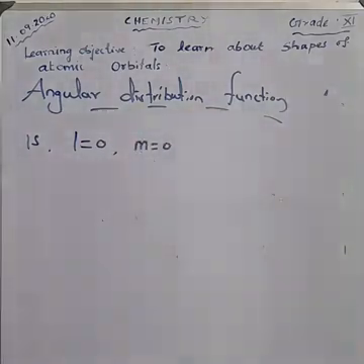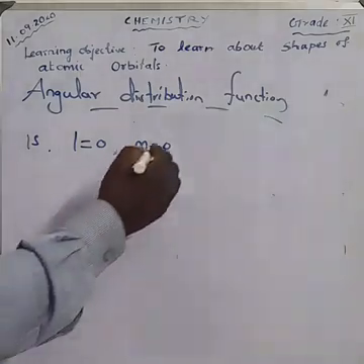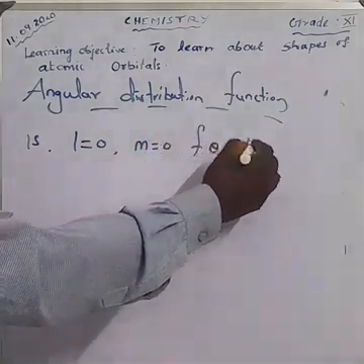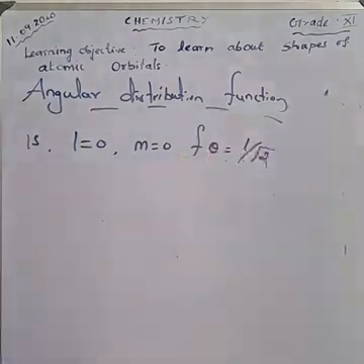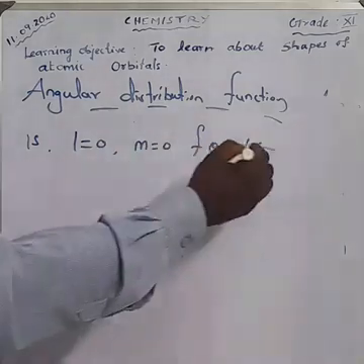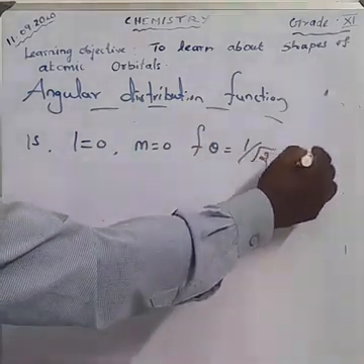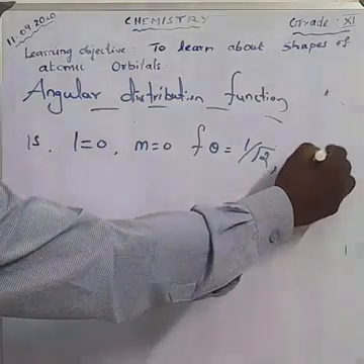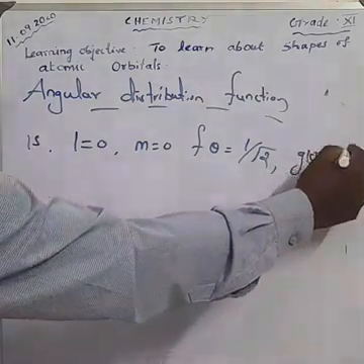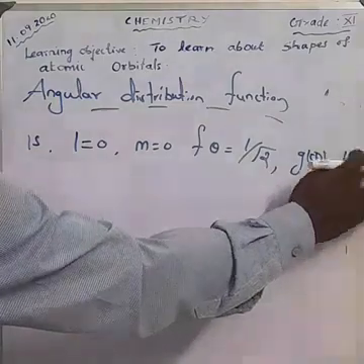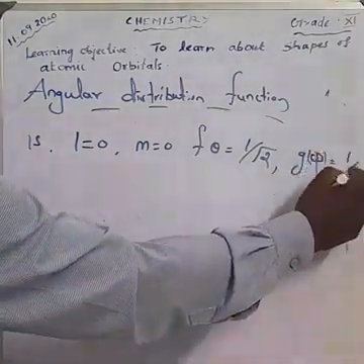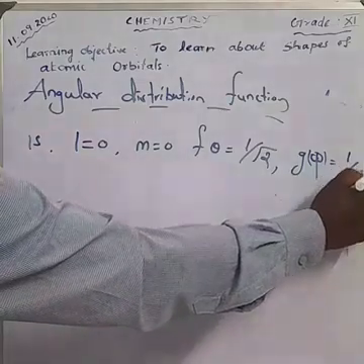Also f of theta is equal to 1 by root 2, and g of phi is equal to 1 by root 2 pi.